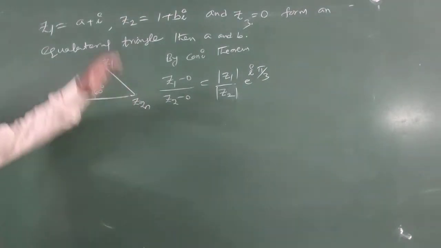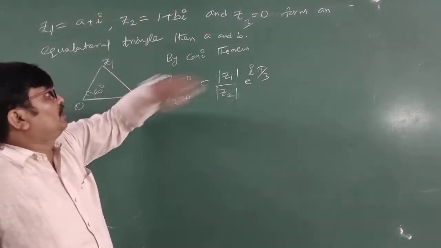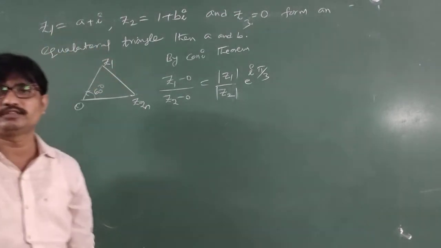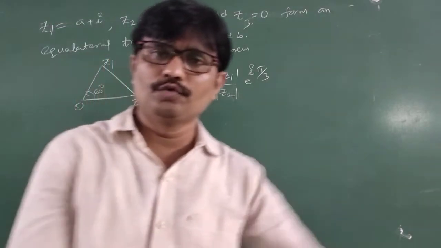The given three points Z1, Z2 and the origin form an equilateral triangle, and the values of a and b lie between 0 and 1.